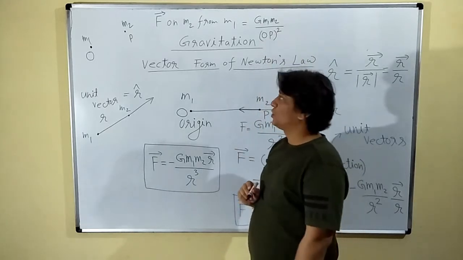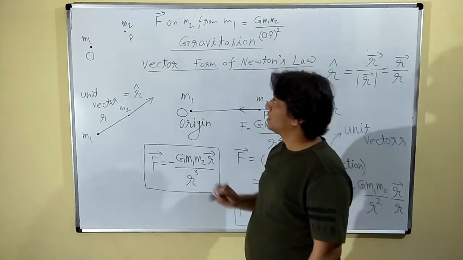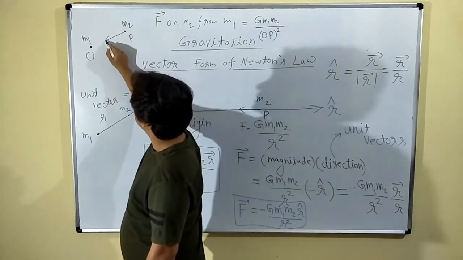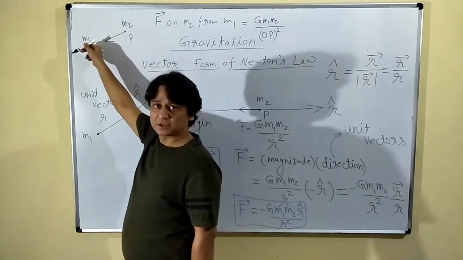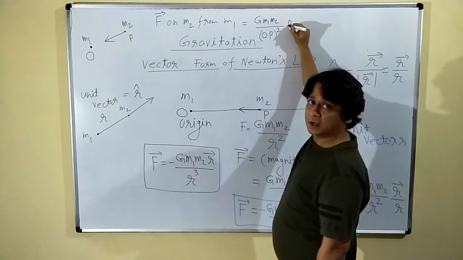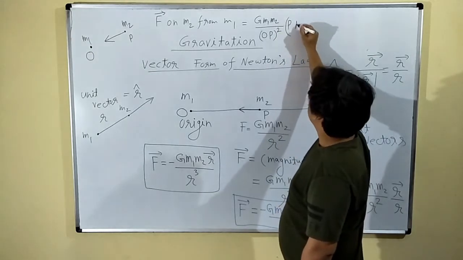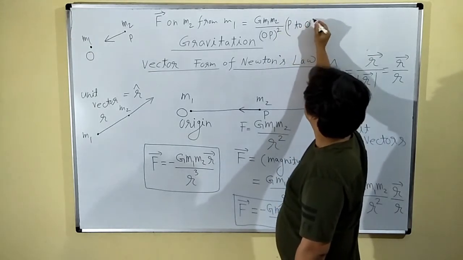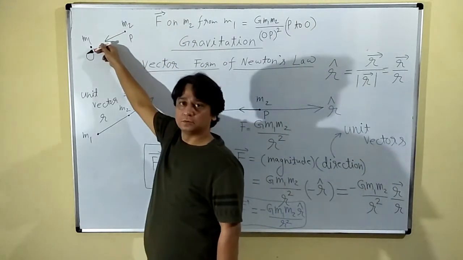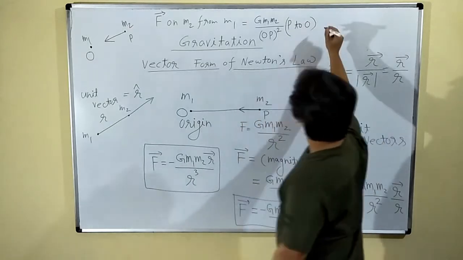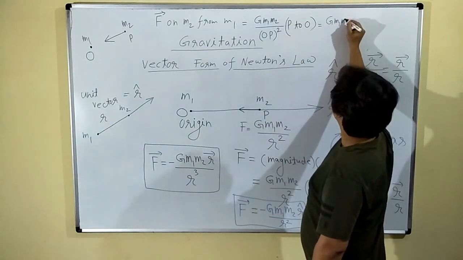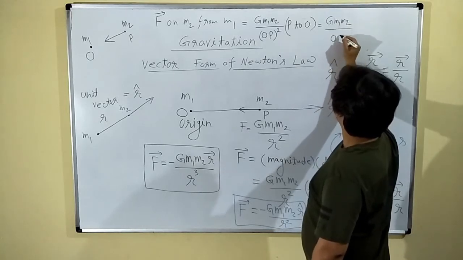Now, what is the direction of this force? The force m1 applies on m2, its direction is this. What is the direction? You said P to O. If it's P to O, then you can represent it like this.